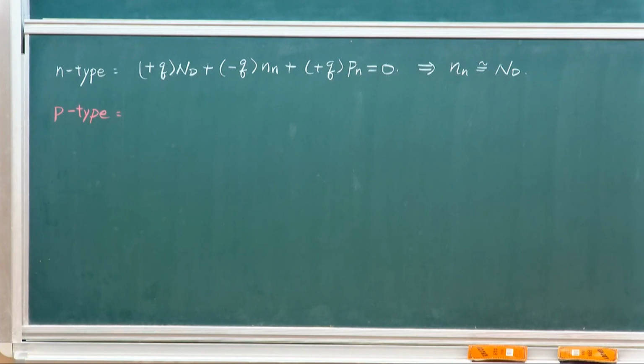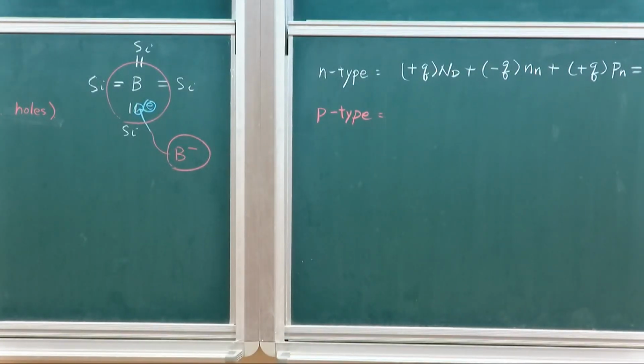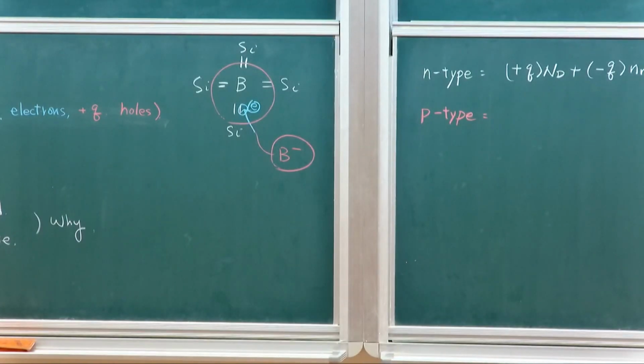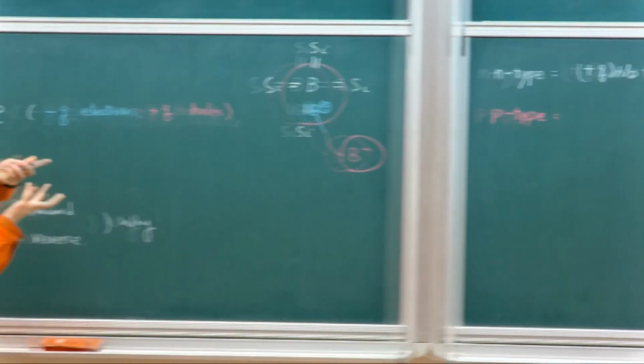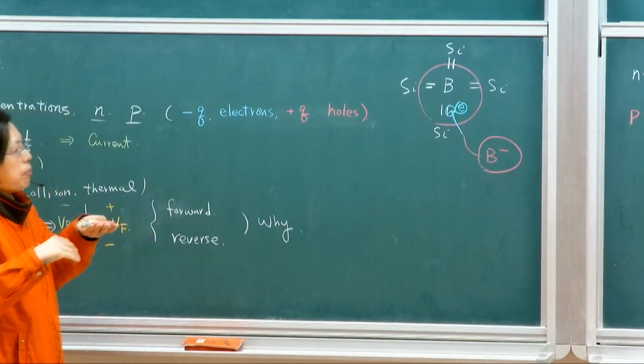Remember, boron only has 3 valence electrons. So there's supposed to be a hole, and if an electron is placed here, this will also be an ionized impurity. It will be B minus. It's like chlorine and salt, like an ionized impurity. It's just not in liquid, it's in solid.